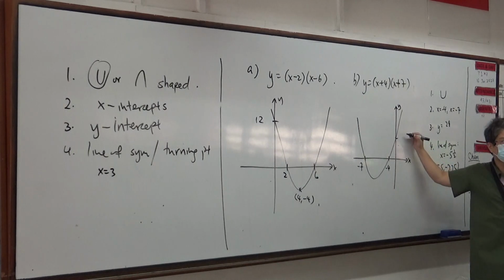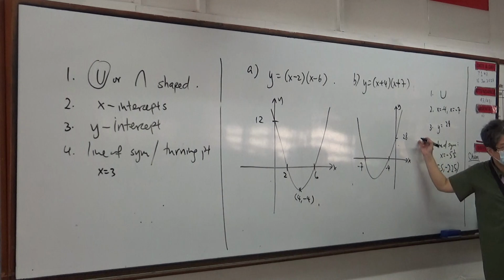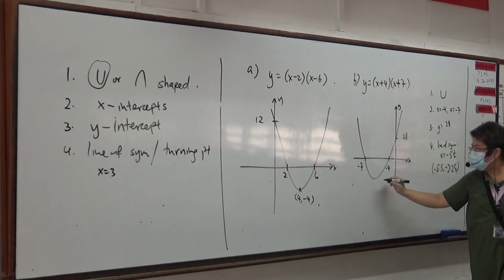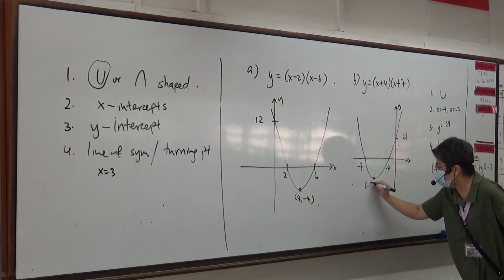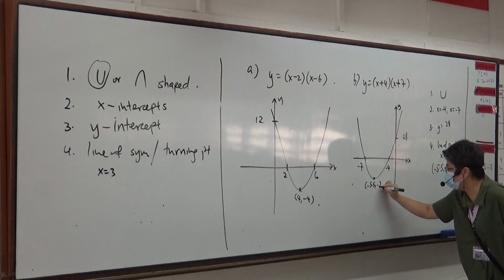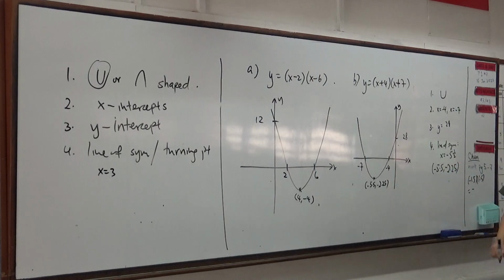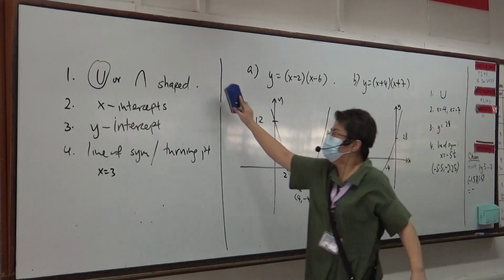How much is this? 28, right? Okay. Now, what about here? Negative 5.5, negative 2.25. Everybody okay? Everybody okay so far? Can or cannot? Can, huh? Okay. Let's look at the next one.